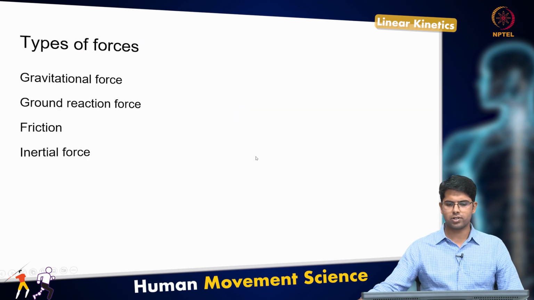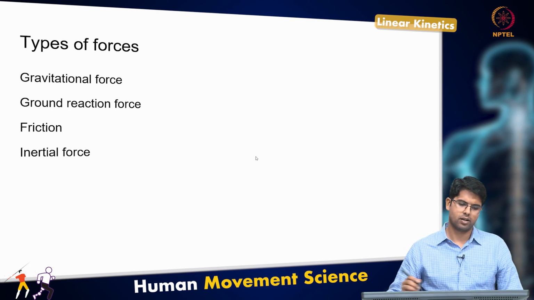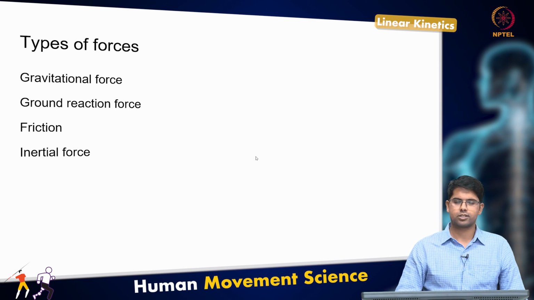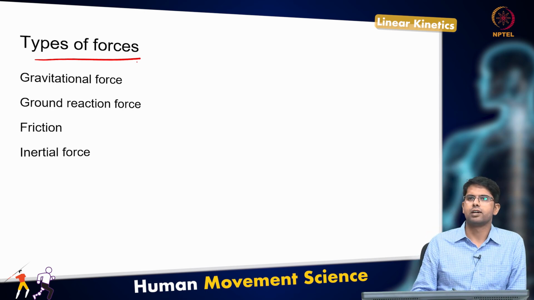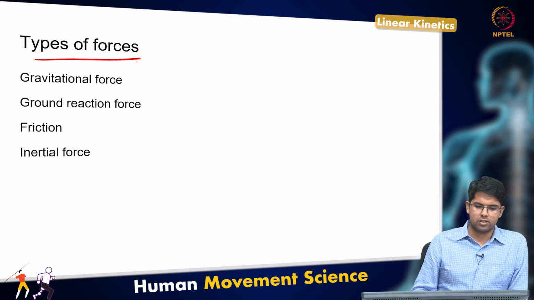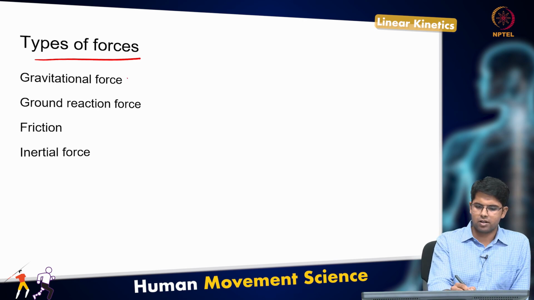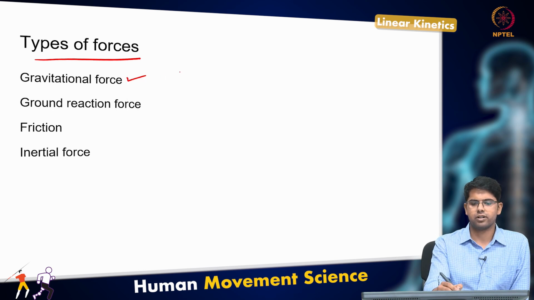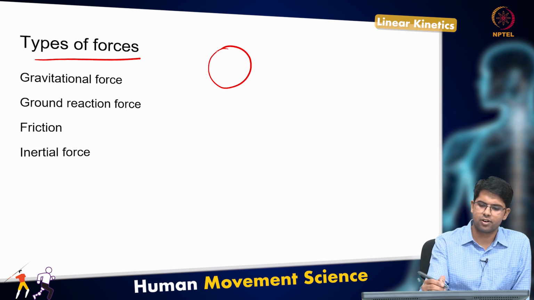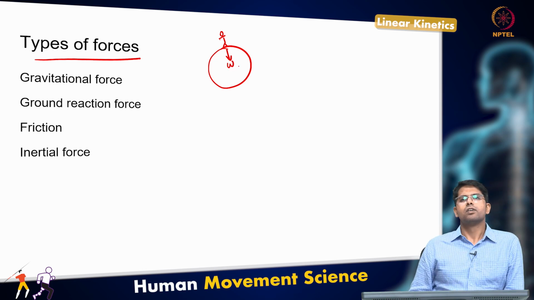So now let's look at some of the types of forces that you will typically encounter in biomechanical analysis. First of all, as long as we are on any planet, there will be some gravitational force, right? So if you are standing on Earth, your weight is always acting towards the center of the Earth.